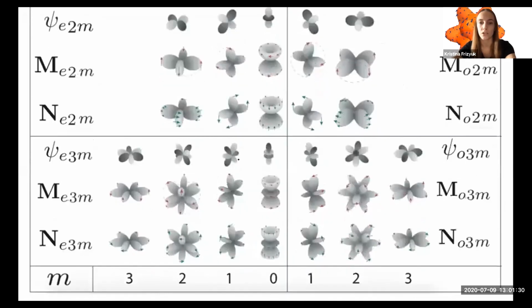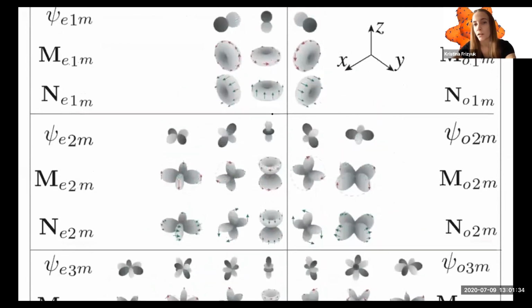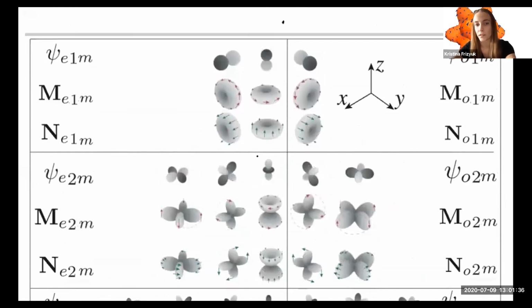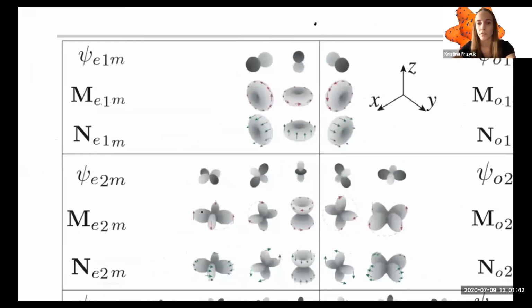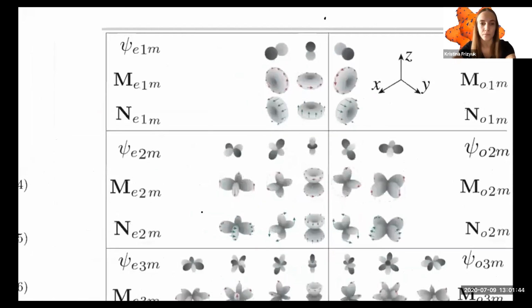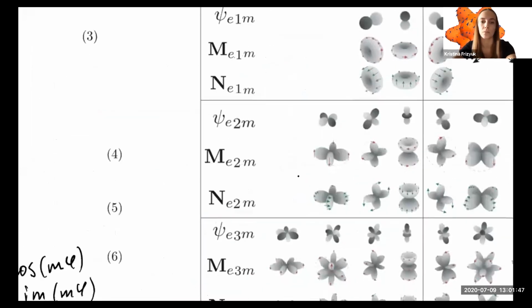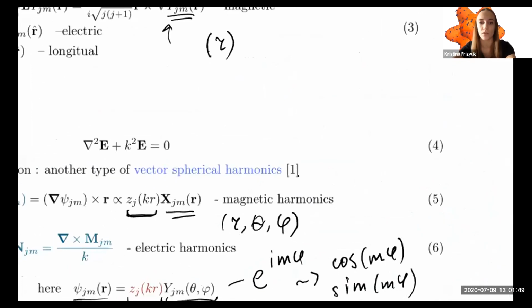They look not exactly the same as scalar functions. Here are scalar spherical functions, but they have some connection with this. I will go back to this picture later.